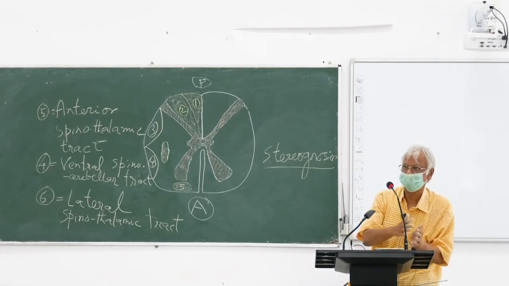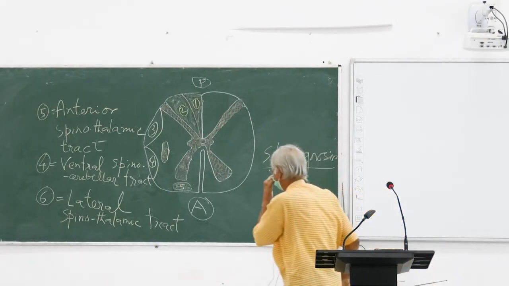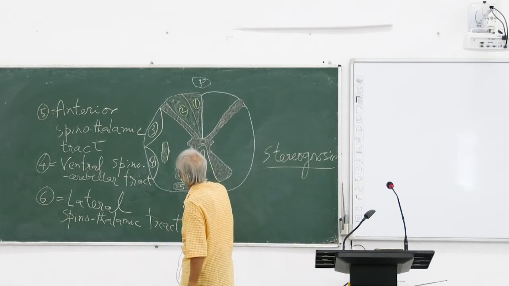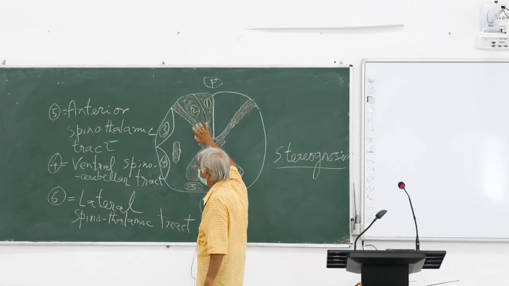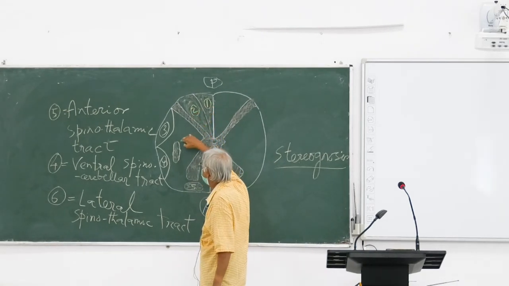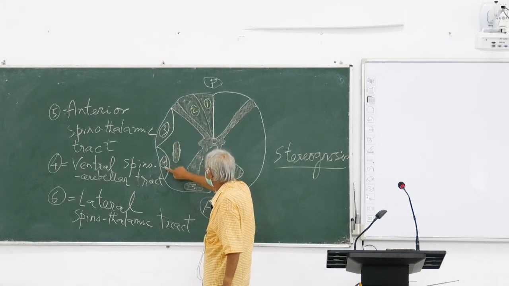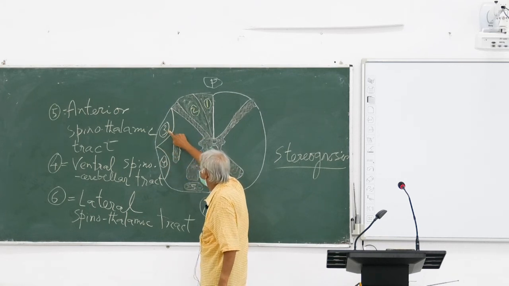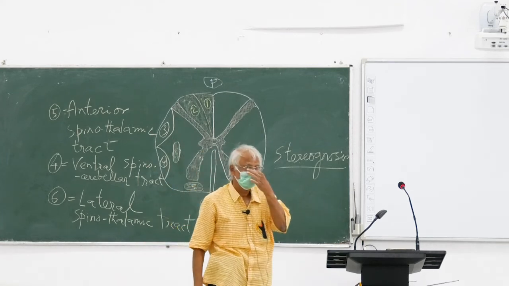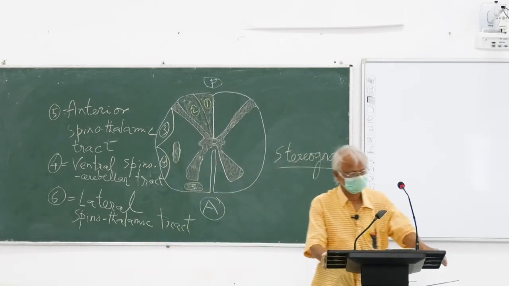Lateral spinothalamic tract, anterior spinothalamic tract, posterior spinothalamic tract, divided into fasciculus gracilis and fasciculus cuneatus. Anterior spinocerebellar or ventral spinocerebellar and dorsal spinocerebellar.